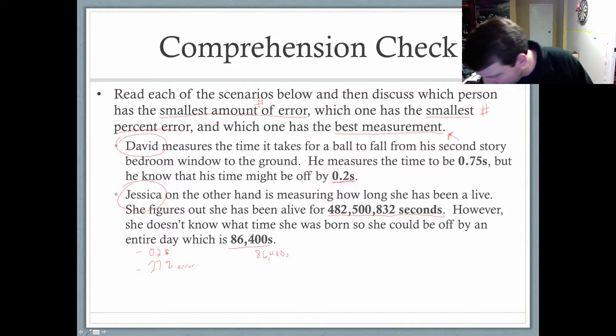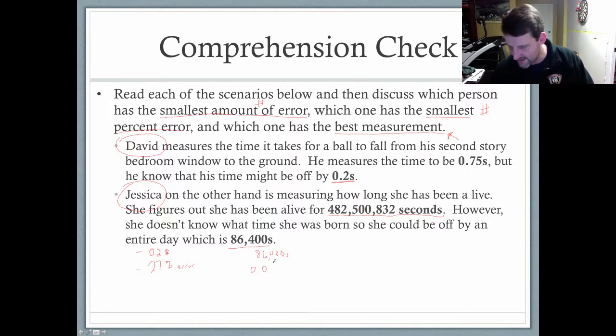And we find that that is, ready for it? 0.018% error. So even though the amount of error here is way larger, that time she's measuring is so much bigger, her percent error is super tiny. Super tiny. Super big percent error.